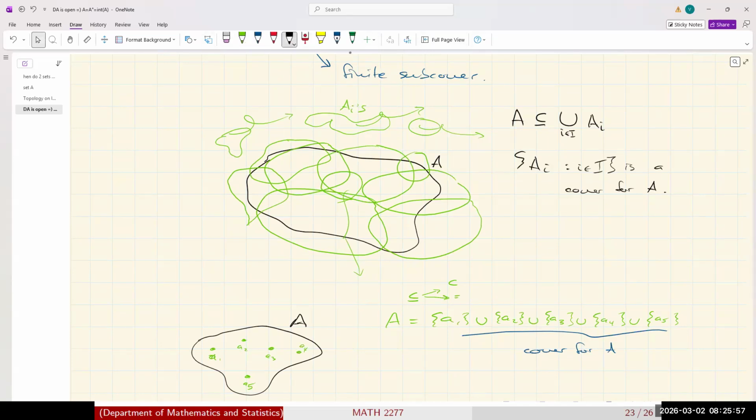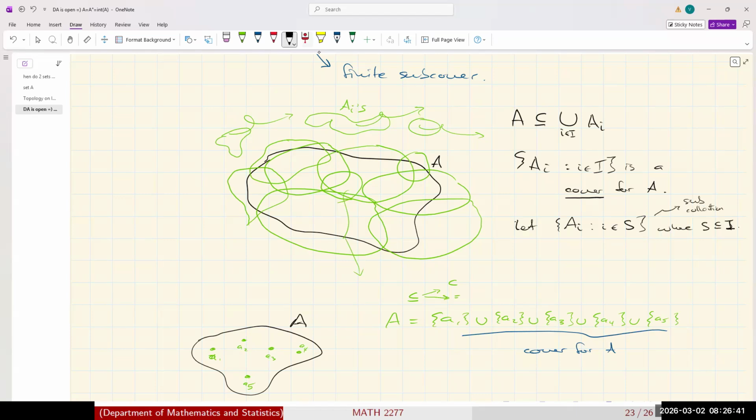So let's say we have a cover for A. Now I'm taking a collection of A_i's, but the i's are not ranging over this big I. They are ranging over some set S, where S is a subset of the index set I. So this is a sub-collection.